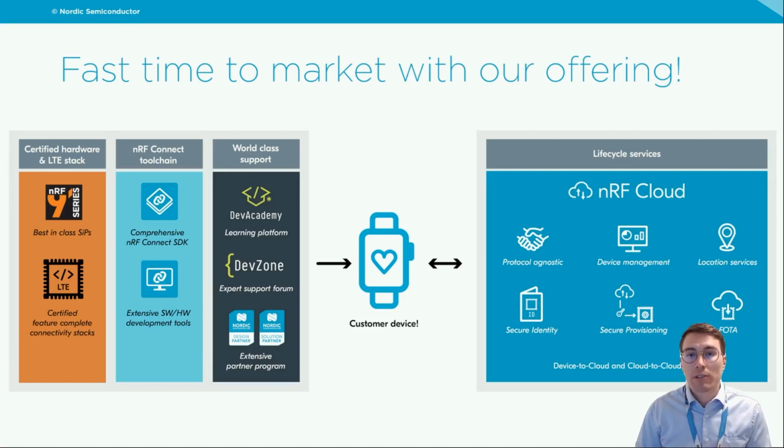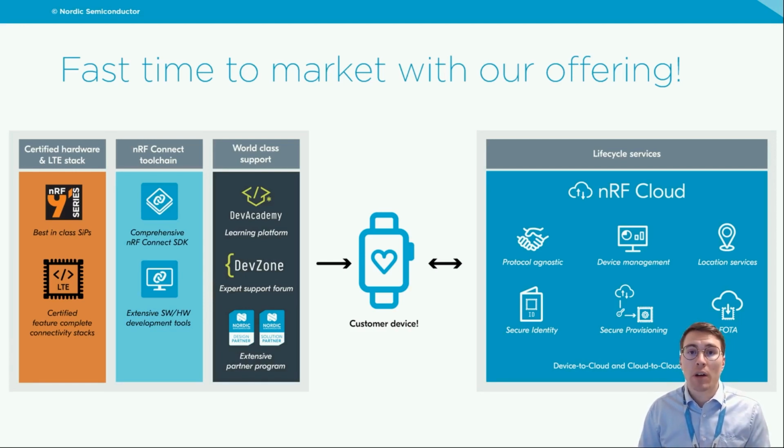And with nRF Cloud, we have newly released some new features that will definitely benefit our customers in their lifetime support for their devices out in the field. For cellular devices running on batteries, some applications are expected to live 12 years out in the field.